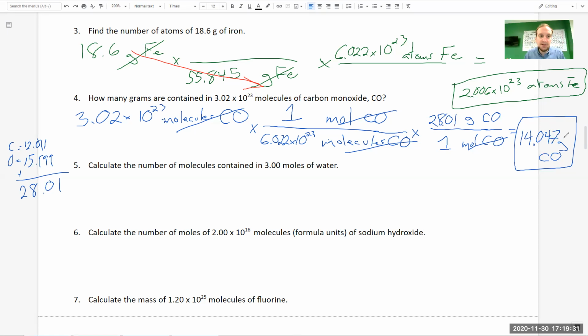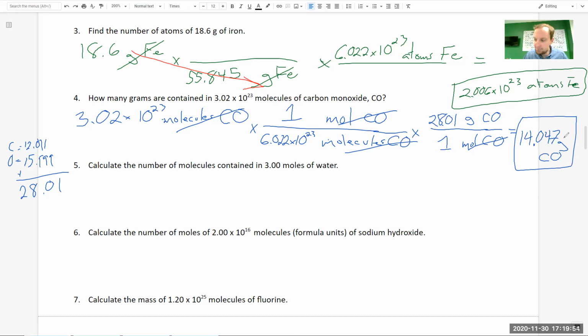There we go. That's the number of grams of carbon monoxide if I was to hold on to 3.02 times 10 to the 23rd molecules of carbon monoxide gas. It would actually weigh 14.047 grams, which again is kind of surprising because that's a gas, but gases do have mass. They're just very light.